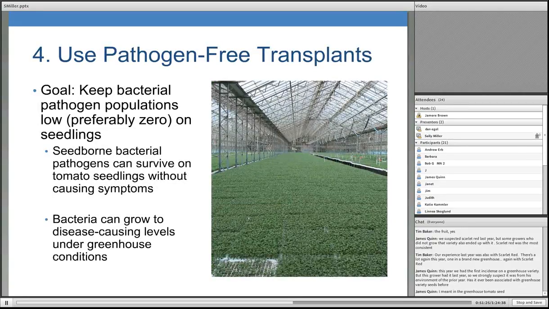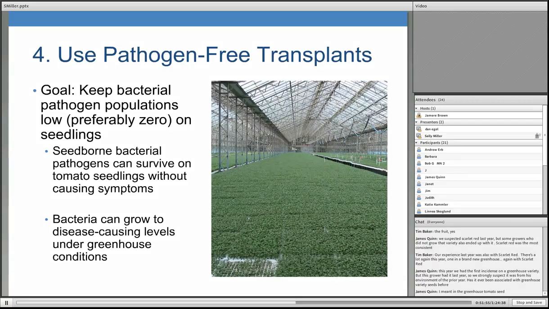Okay, so the next step is to use pathogen-free transplants. As you can see, this is a quite typical large greenhouse operation, and the small ones, except for the size of the structure, can be very similar in that the seedlings are jammed together very closely. You might have over 300 seedlings in a single tray. For processing tomatoes, usually fewer than for fresh market tomatoes.